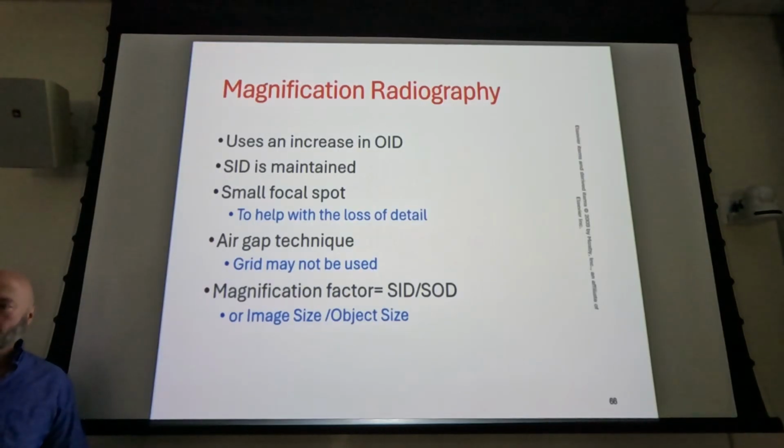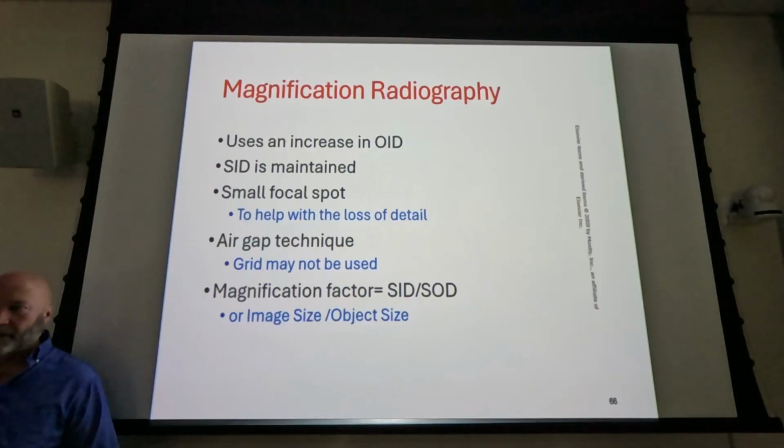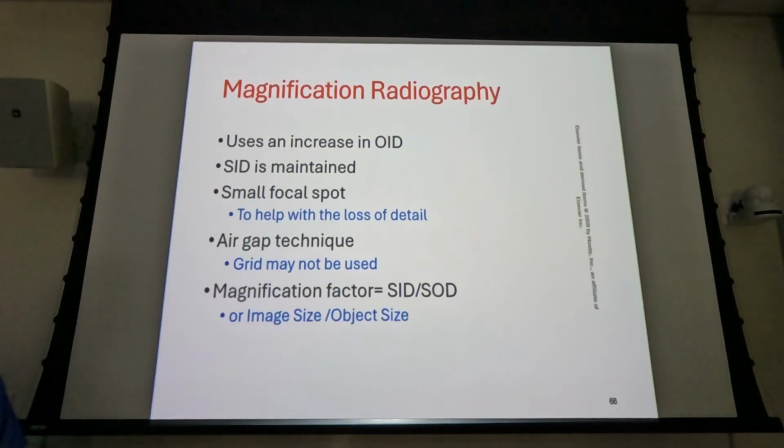It's intentional magnification radiography. Where we use that sometimes is in special procedures, things like that. It's really because we have digital magnification now, so it's really more for convenience than anything else.